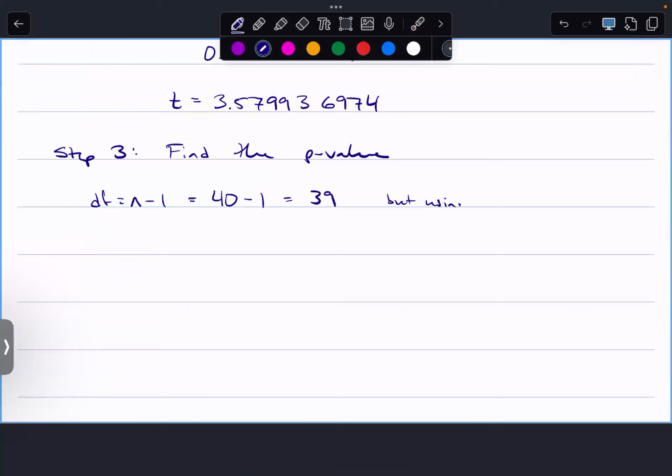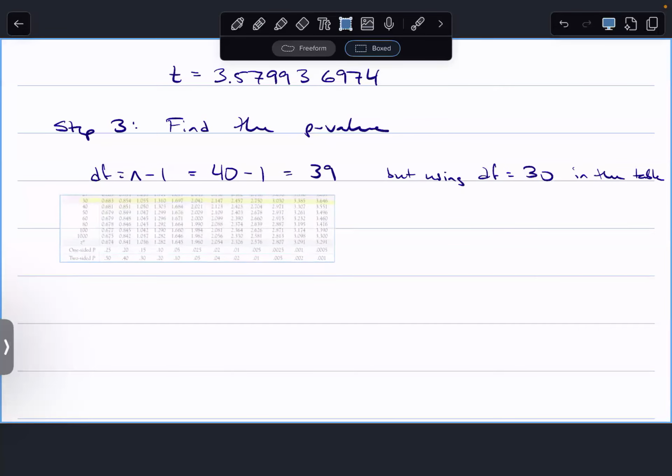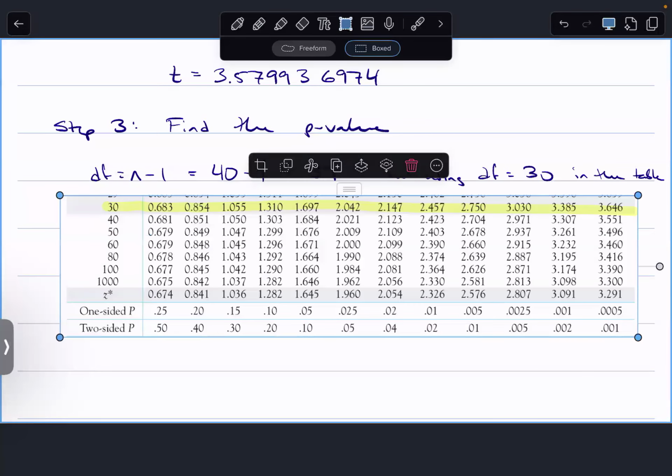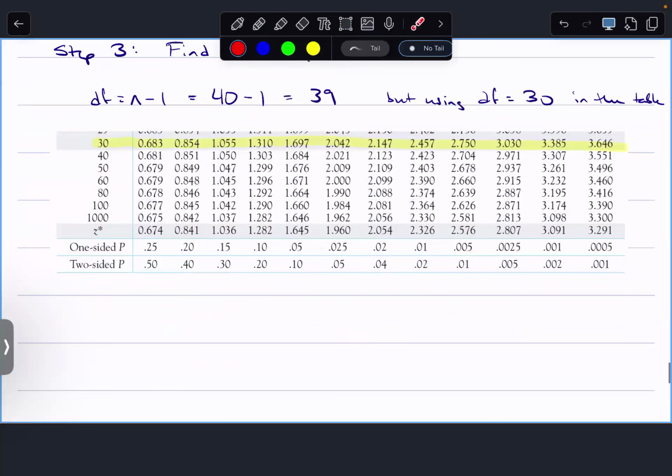But using degrees of freedom equal to 30 in the table, I'm going to try to place my 3.5799.